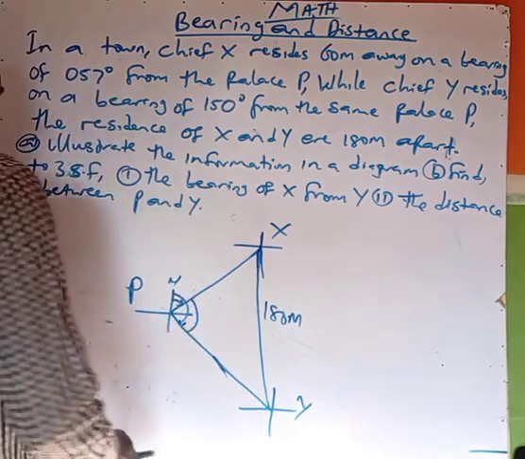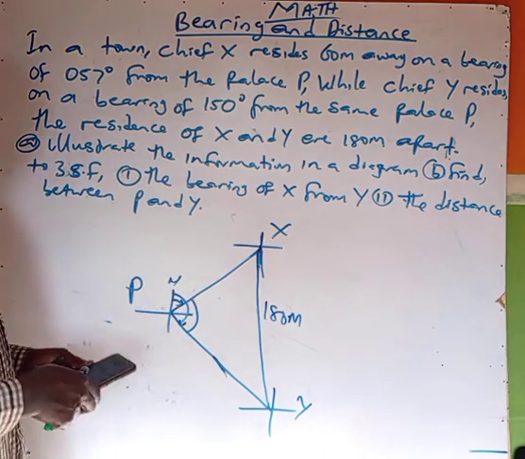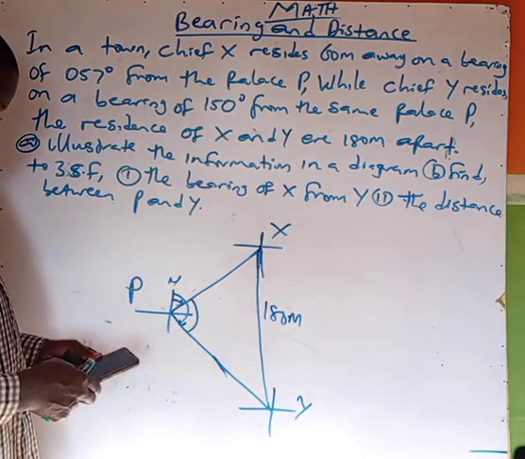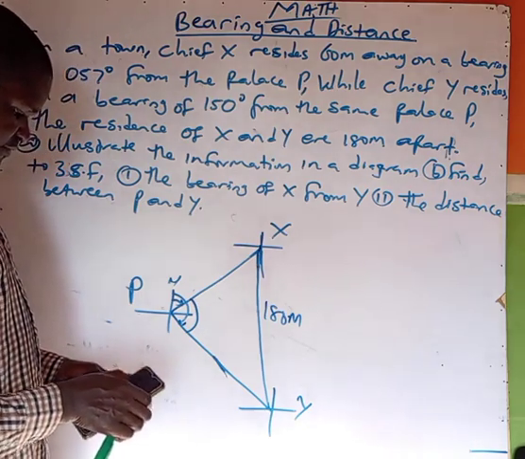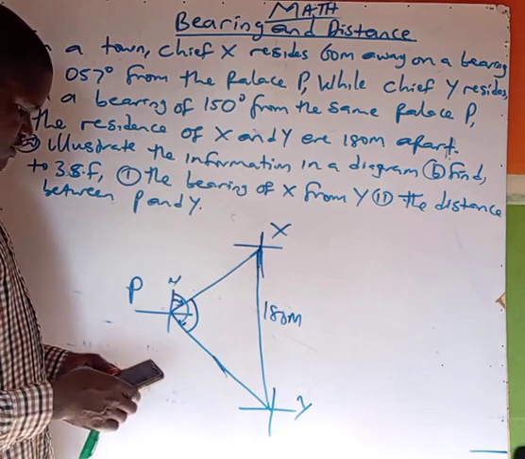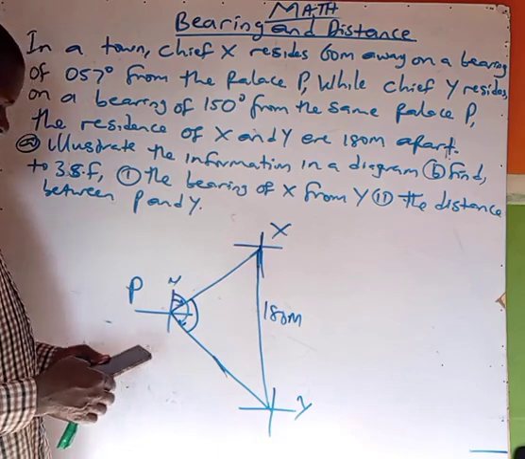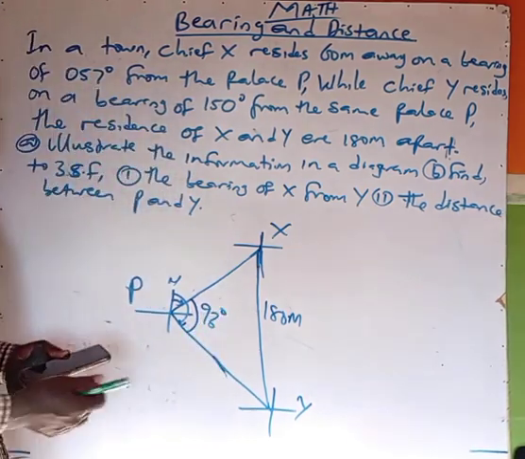The angle here is 150 minus 57, which gives you 93 degrees.